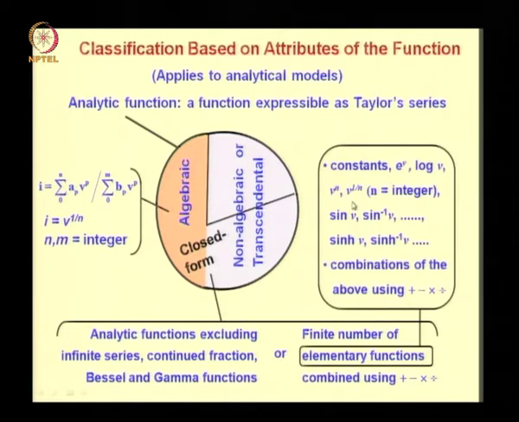The elementary functions are constants, e power v, log v, v power n, v power 1 by n, where n is an integer, and then trigonometric functions sin v and inverse trigonometric functions sin inverse v, and cosine and so on, and similarly hyperbolic sine and hyperbolic inverse sine functions, and similarly you also include cosine hyperbolic and cosine inverse, tan hyperbolic and tan hyperbolic inverse functions, and also combinations of the above using plus, minus, multiplication and division.